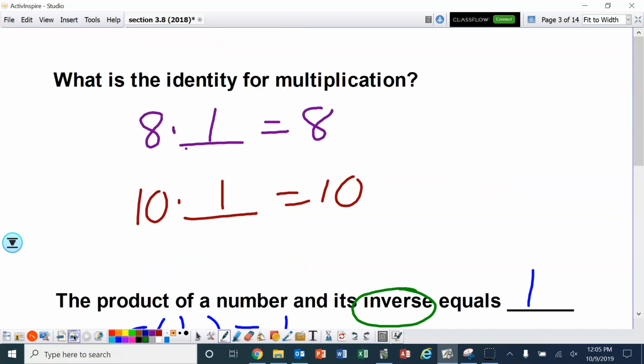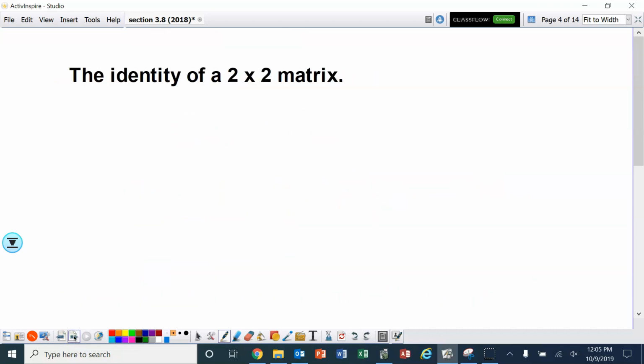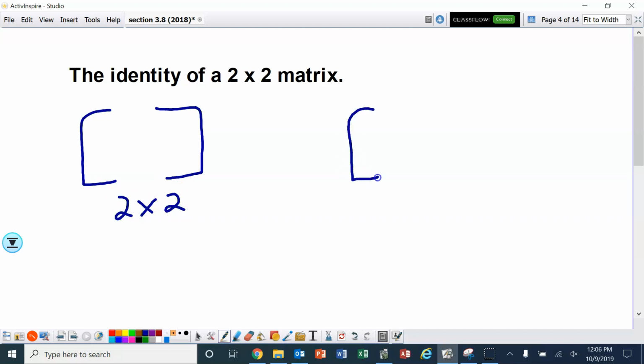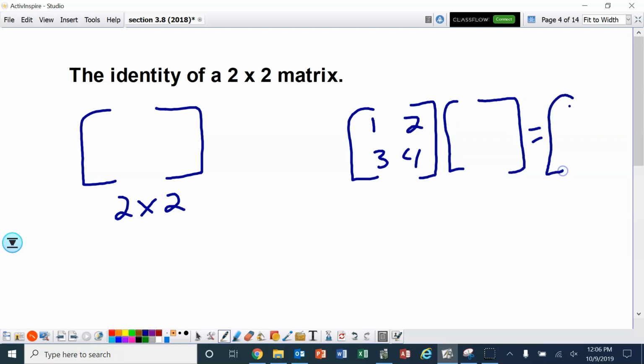So now, how does that work with matrices? What is the identity of a matrix? Well, we have a 2 by 2 matrix. So if I have a matrix, let's just say 1, 2, 3, 4, times what is going to give me the matrix 1, 2, 3, 4?